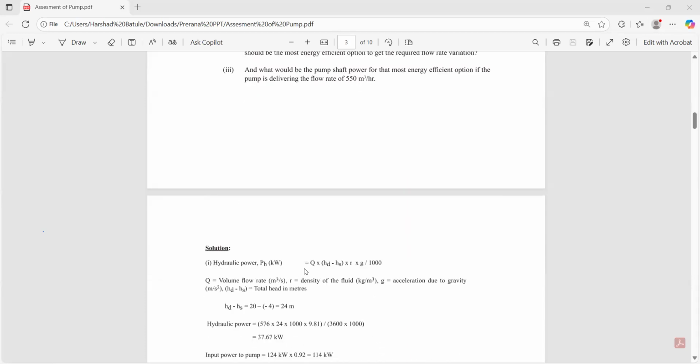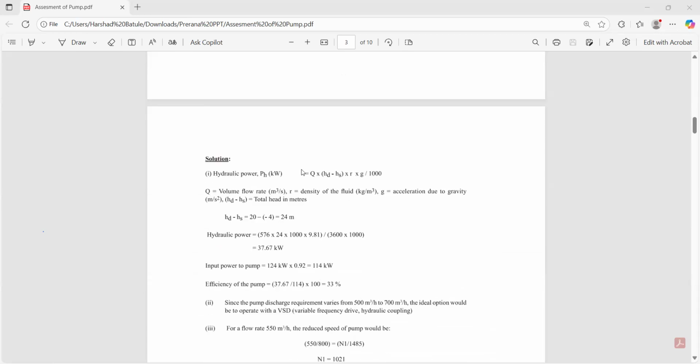So if you want to calculate hydraulic power, the same formula is applied here. At the discharge head, we can calculate 20 minus of minus 4, which means 24 meter head as total head. The same formula can be applied again and again. Your hydraulic power would be 37.67 kilowatt.